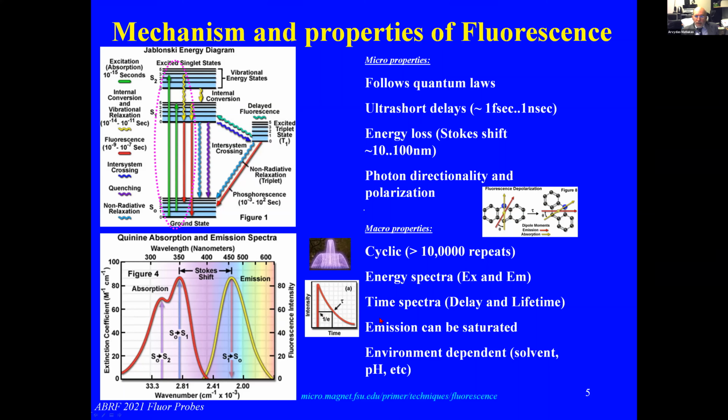Then, emission can be saturated because these energy bands are like shelves with limited capacity, and they may become full, and then further increasing excitation does not increase the emission. And finally, fluorescence is environment dependent. It depends on the solvent polarity, pH of the medium, and nearby molecules.